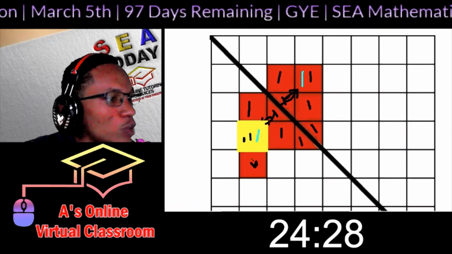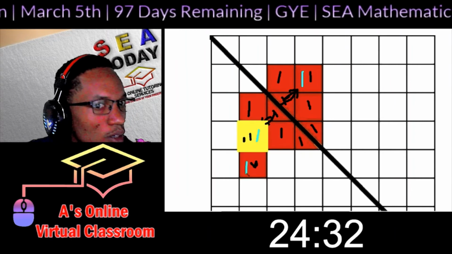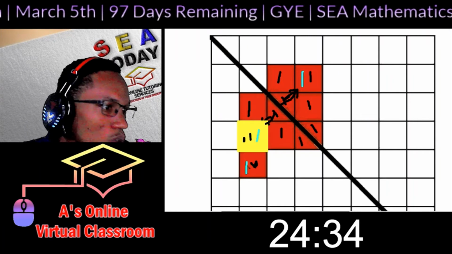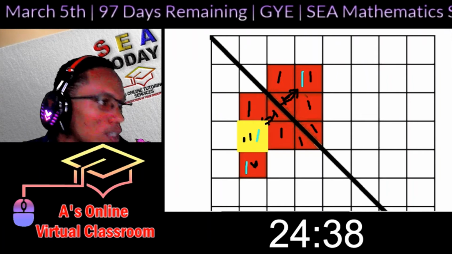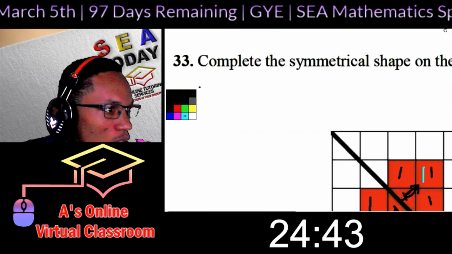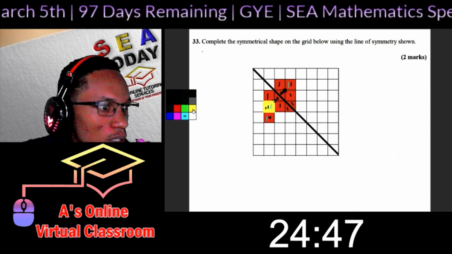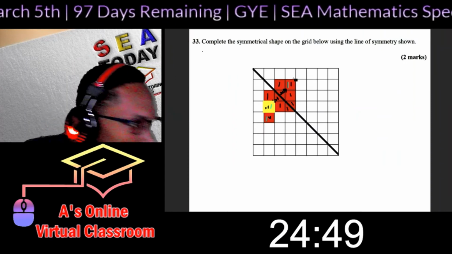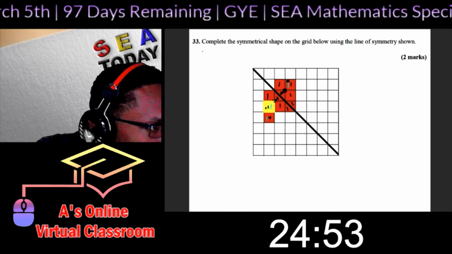Let's get a little zoom so we can see it nice. Right? So if we want to get this next shape here, we need to go right next to this same one here. So my shape will go somewhere right. Let's put a red one right here.